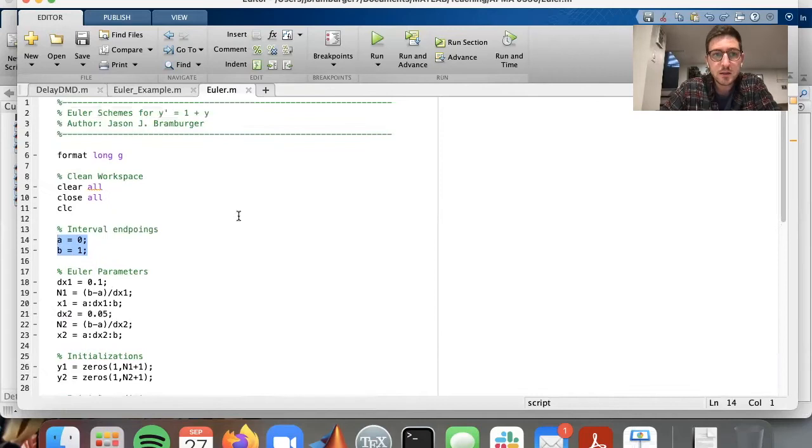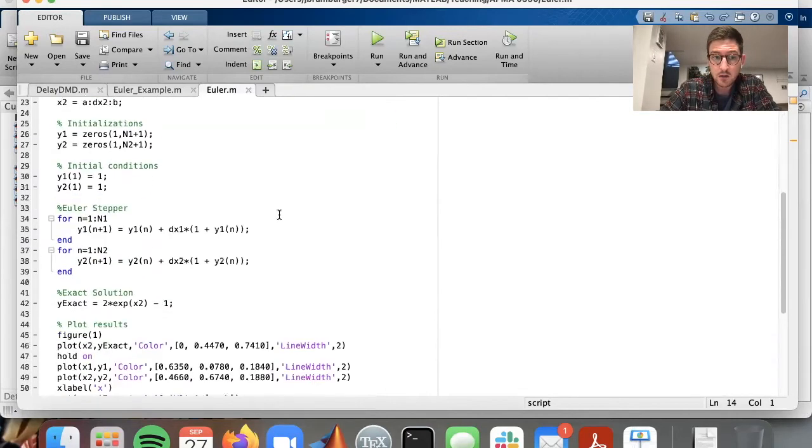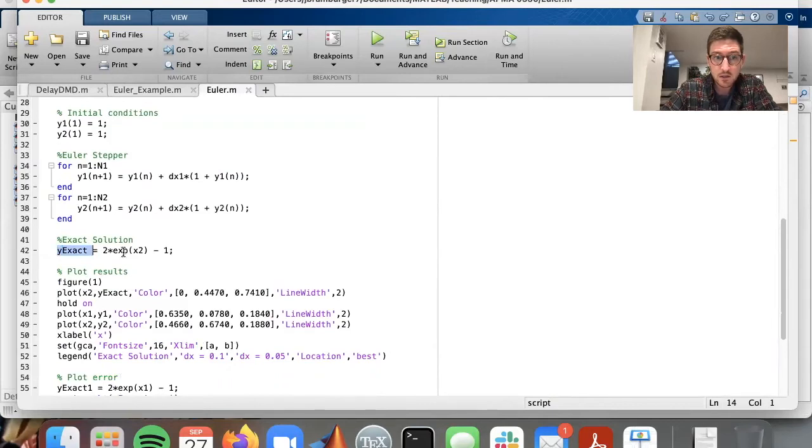Now the nice thing about this differential equation is I know the exact answer, and that exact answer is equal to 2e^x minus 1. So I am going to compare what my approximations look like compared to my actual solution here. And the way that I implement the Euler method here is just with these little steppers.